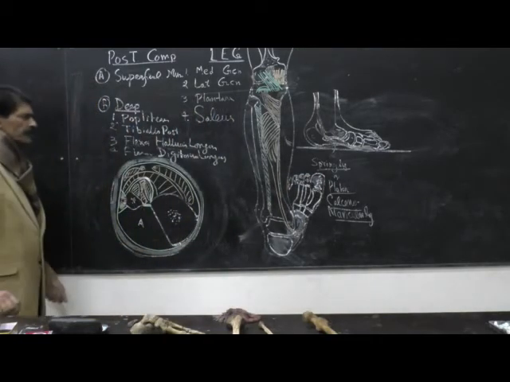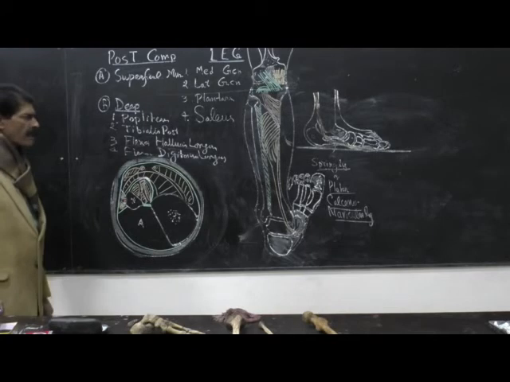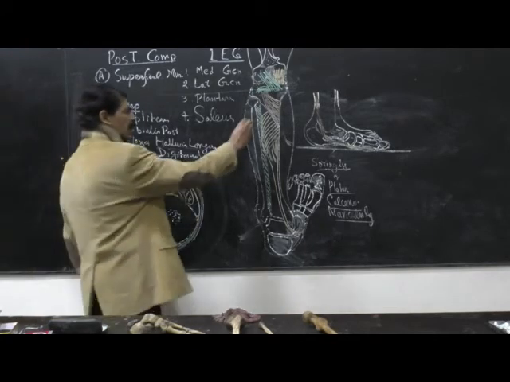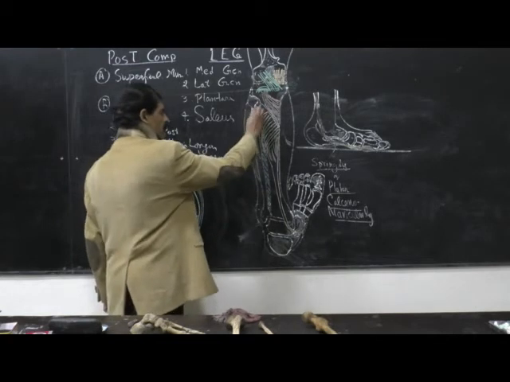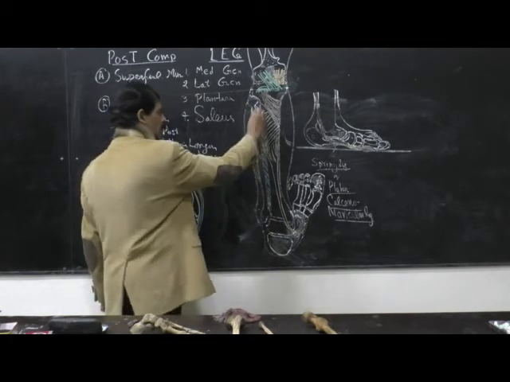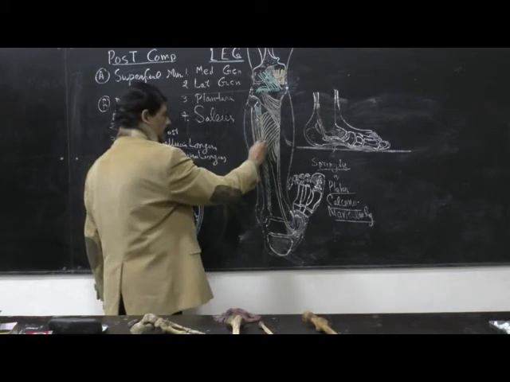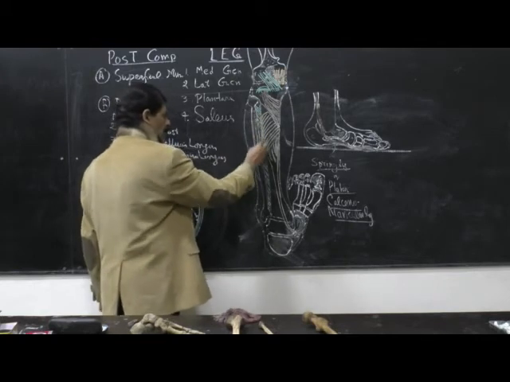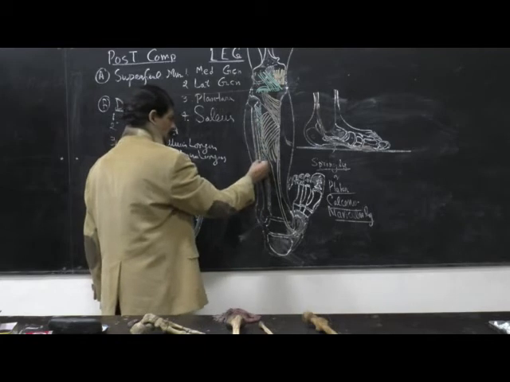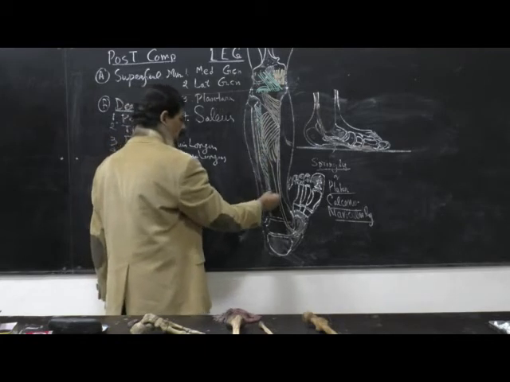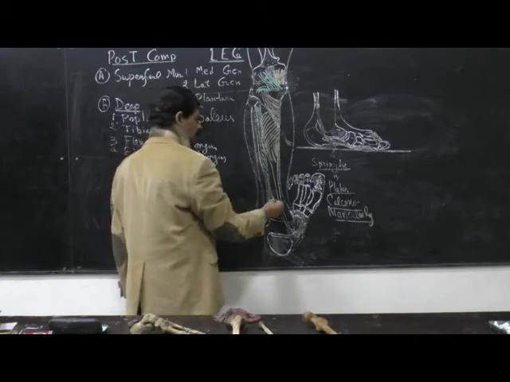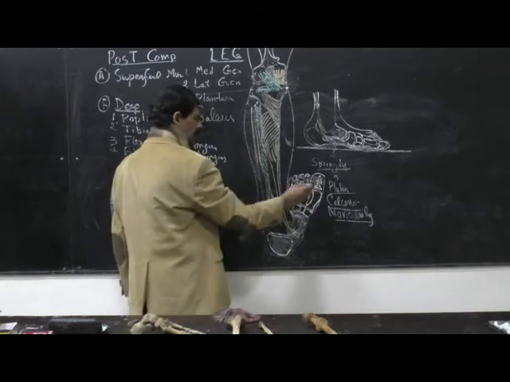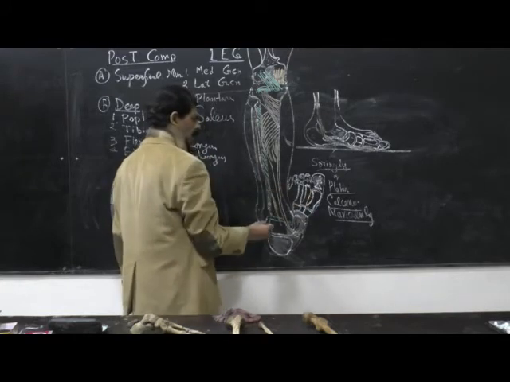So this flexor hallucis longus muscle takes origin from the upper 2/3 of the posterior surface of the fibula. Then the tendon of the muscle crosses from the lateral to the medial side, because it has to go to the great toe, it has to go to the medial longitudinal arch.